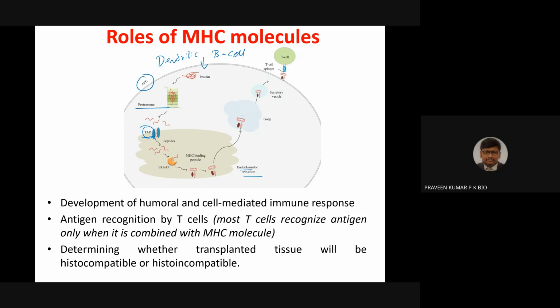Finally, it will be transported through the Golgi complex and then through a secretory vesicle, and the MHC molecule is going to be presented on the surface of the APC. If the T cell interacts with the antigen on the APC, then the T cell gets activated. So this is the natural process, the MHC class 1 antigen processing and presentation pathway.